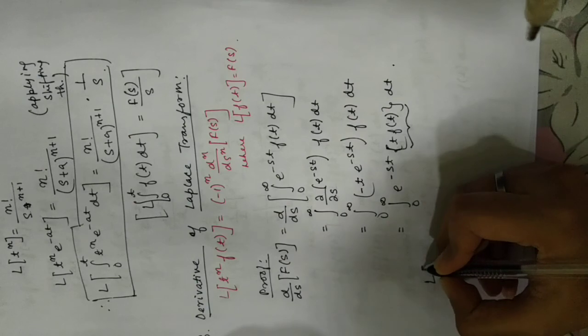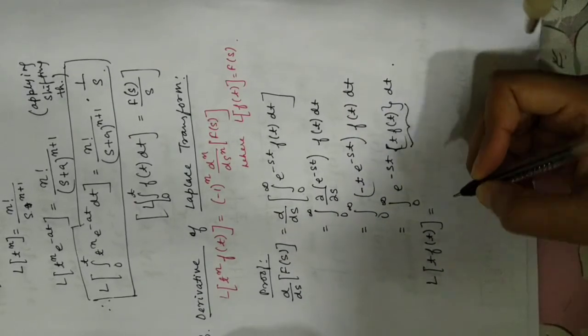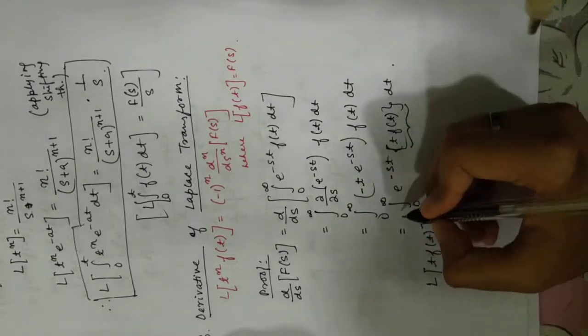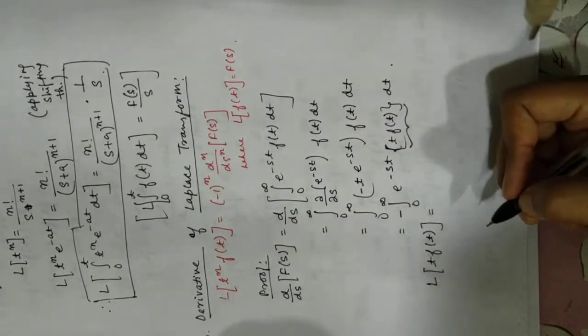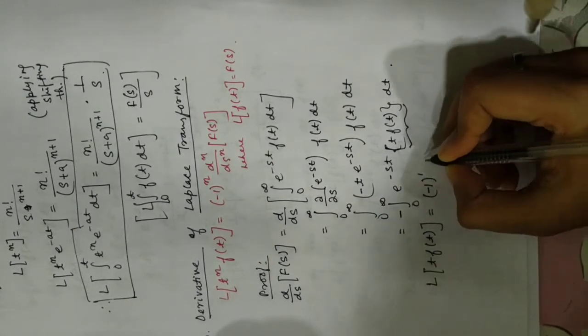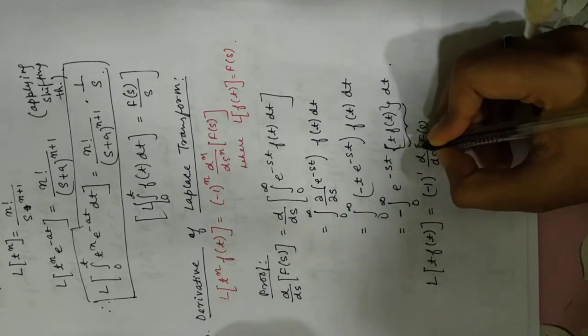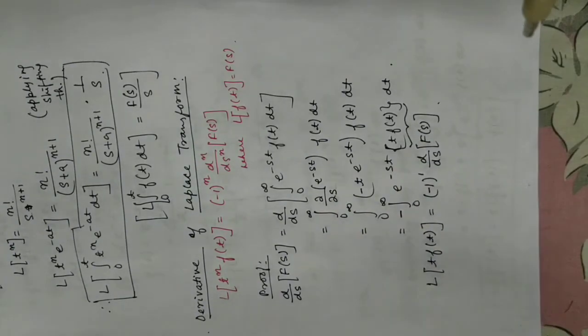So the Laplace transform of t f(t) is equal to, sorry, I missed out this minus sign over here, it comes over here, equal to minus 1 to the power 1 d/ds of F(s), right?